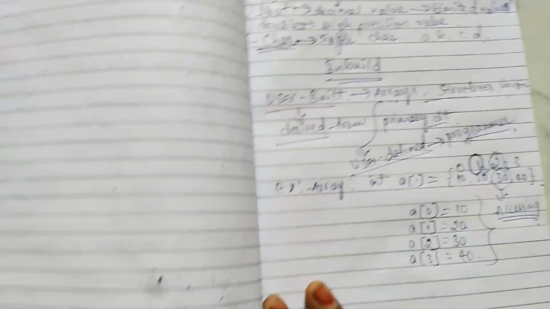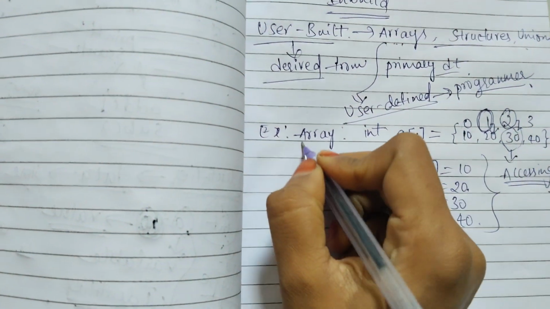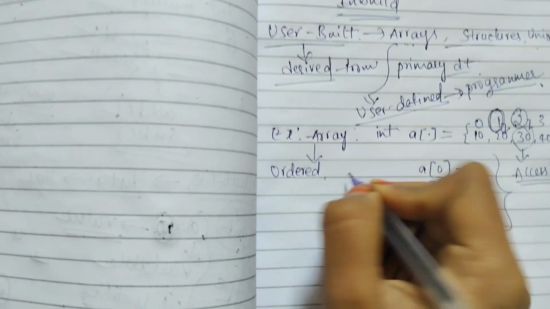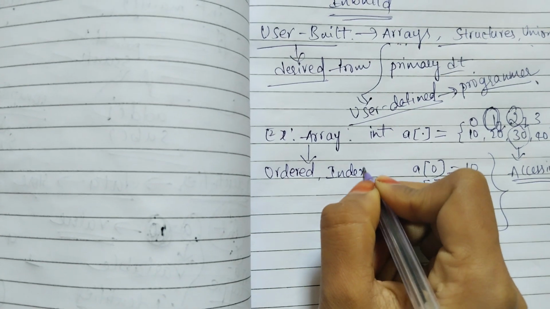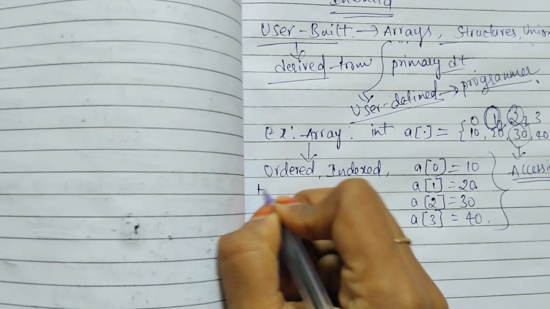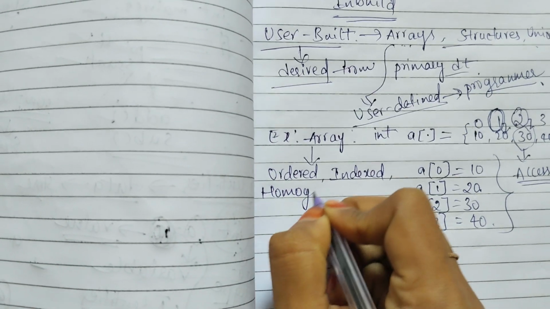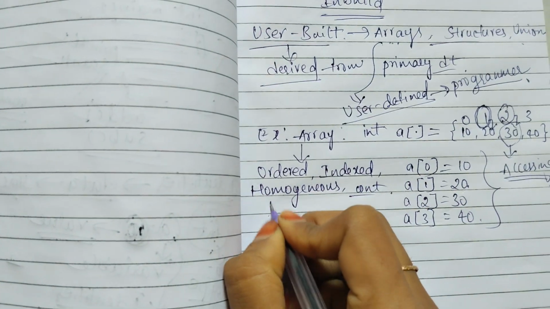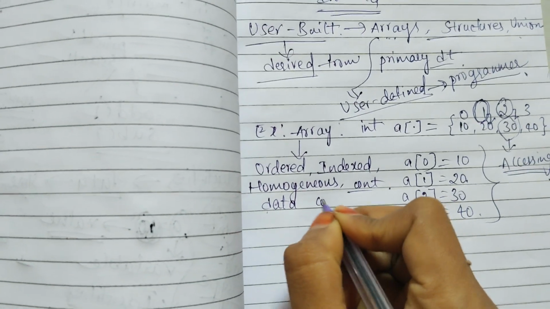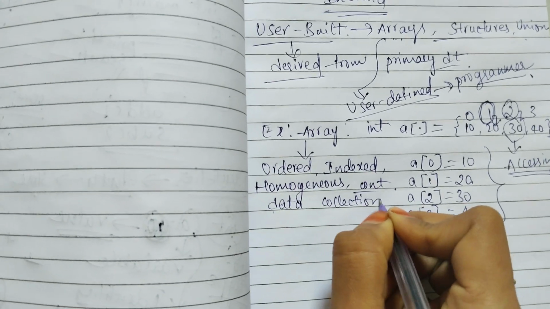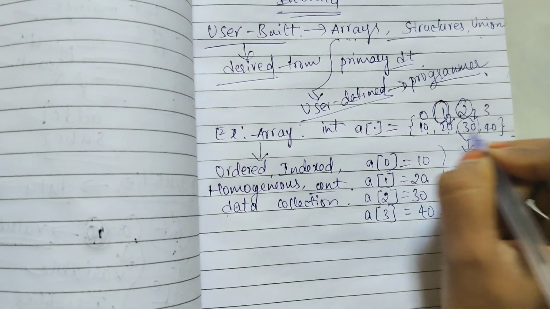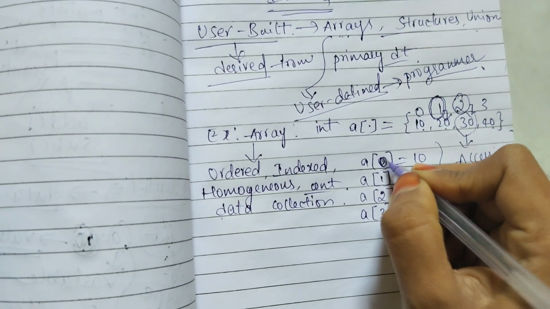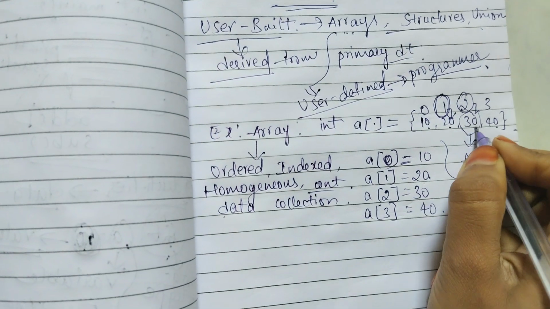In simple words, an array is an ordered, indexed, homogeneous, continuous data collection. We can see the order 10, 20, 30, 40, and it is indexed: using the index value I can easily access a particular element inside the array.